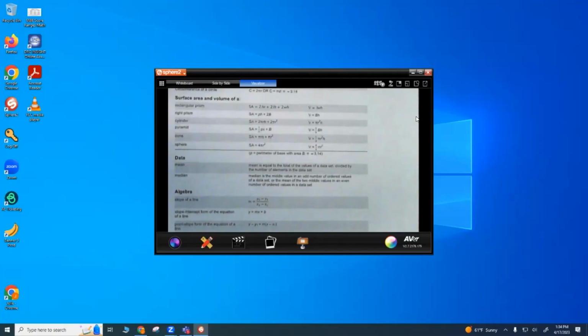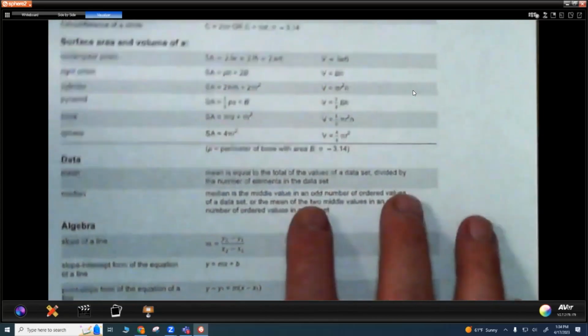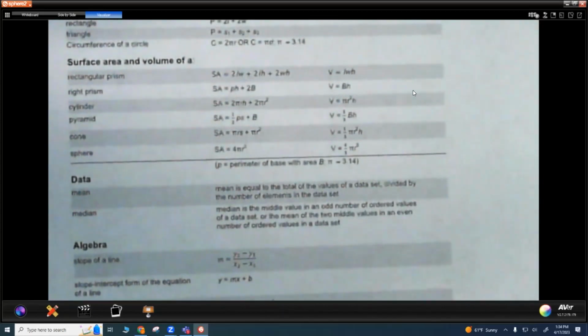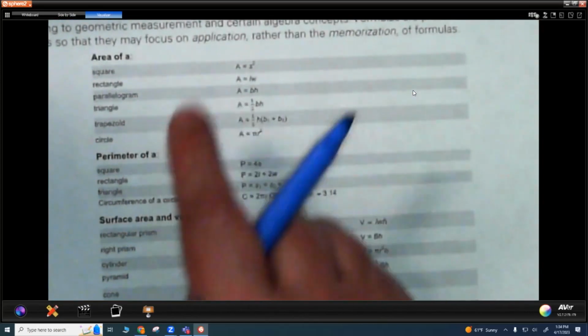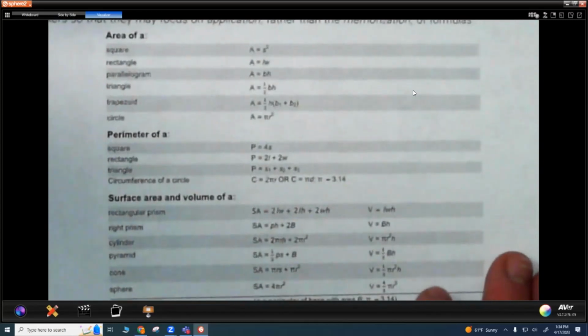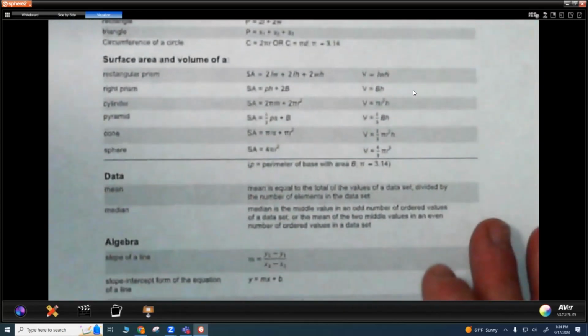So just so everyone knows, there are two types of formulas that you need to do various calculations on three-dimensional shapes. It's kind of similar to how we have area and perimeter as two measures of two-dimensional shapes.